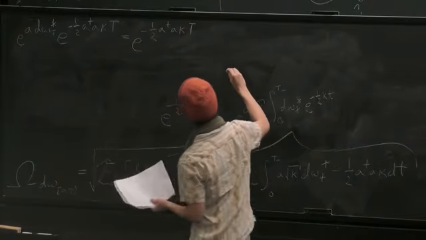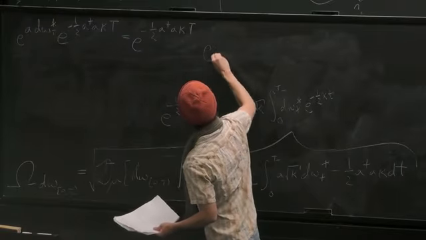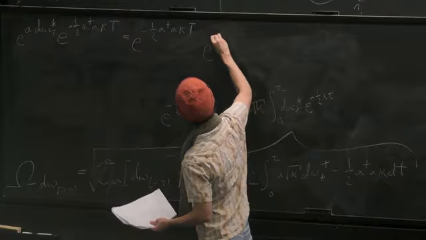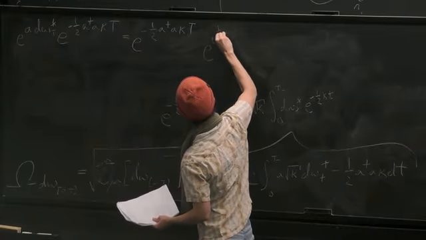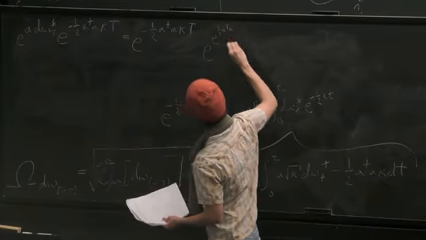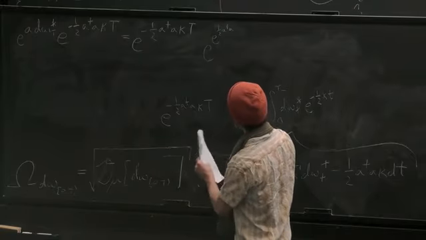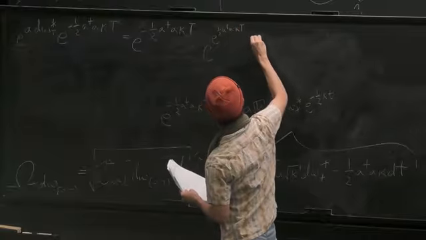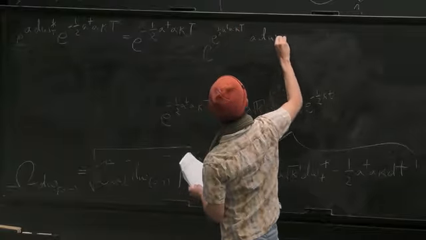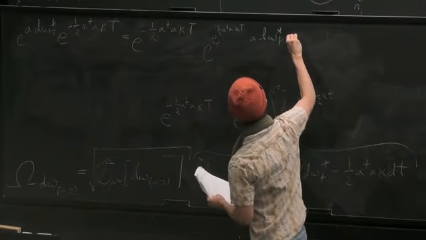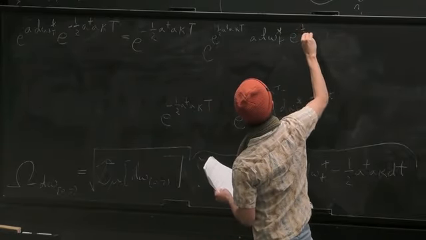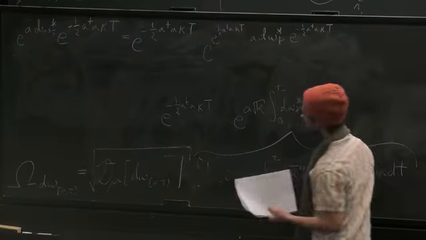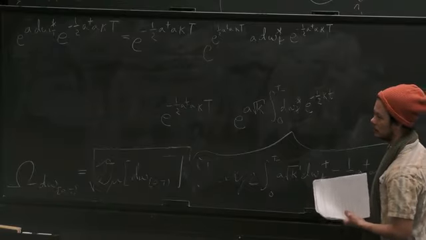Okay. So if we do that, of course, that's just the same thing as, the nice thing about exponentials, right, is I can, conjugation commutes with exponentiation. Does everybody see that?